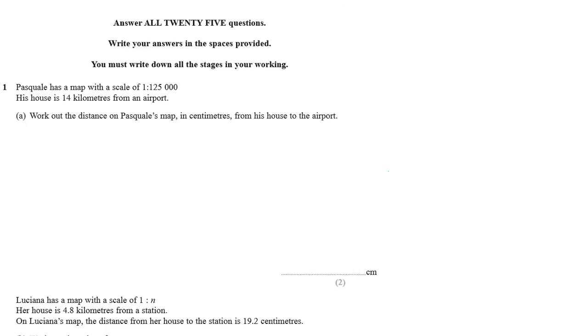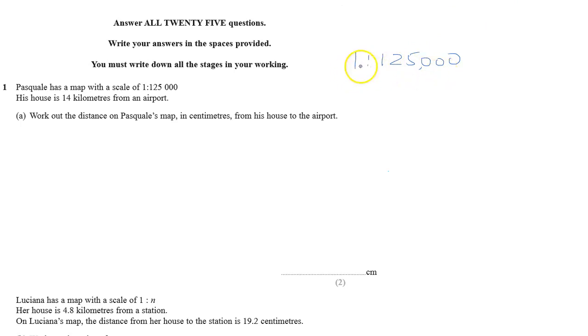Question number 1. Pasquale has a map with a scale of 1:125,000. His house is 14 kilometers from the airport.